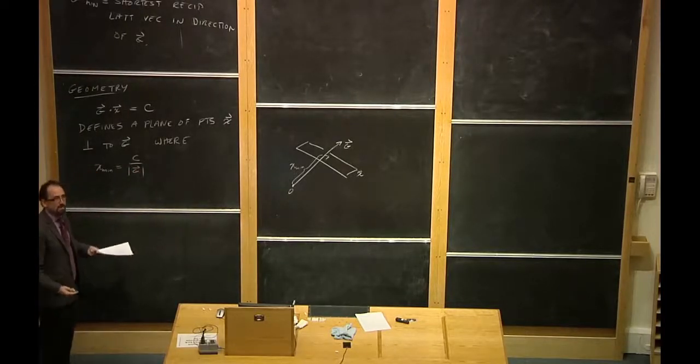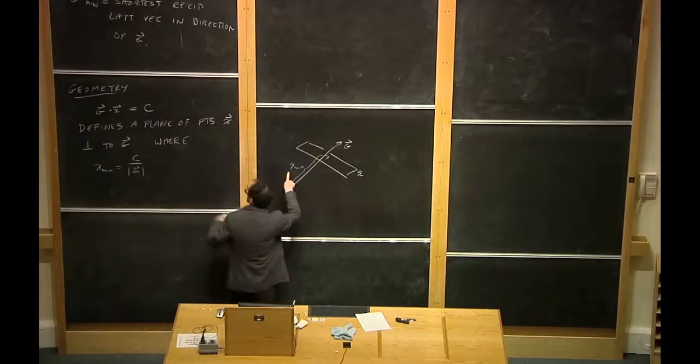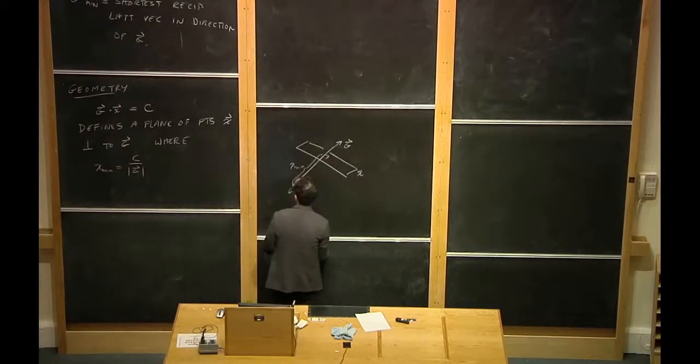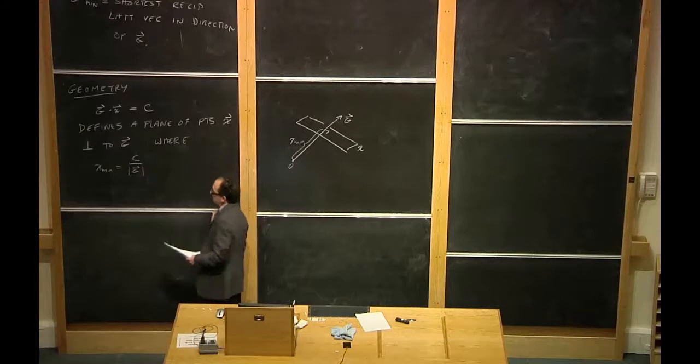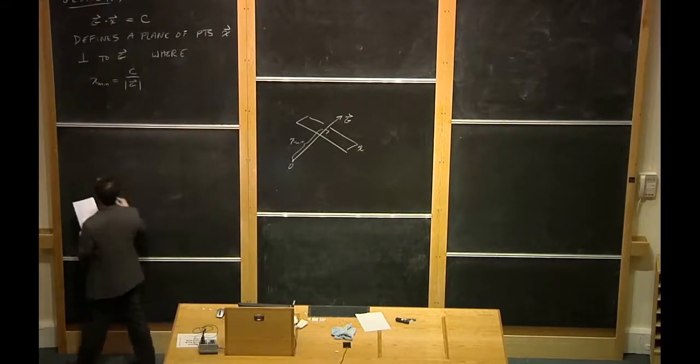Does it look reasonable? So the x min here is c over absolute G if we're defining the plane by G dot x equals c. Okay, so that's how we're going to define a plane. Now we're going to define a set of planes.